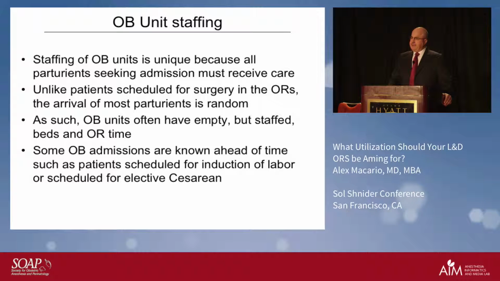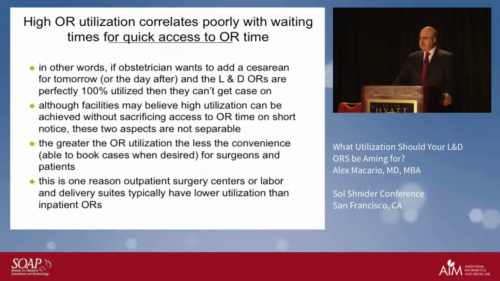And the corollary to that is that if you have a high OR utilization, this correlates poorly with waiting times for quick access to the operating room. So in other words, if the obstetrician wants to add a cesarean for tomorrow because they see the patient today, and the L&D ORs are perfectly 100% utilized, then the obstetrician won't be able to admit that patient.